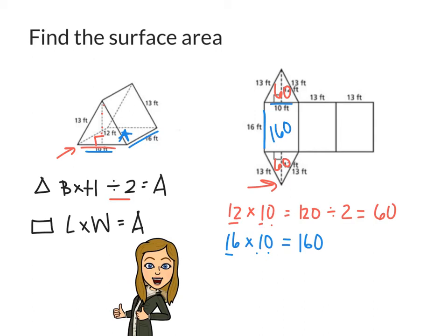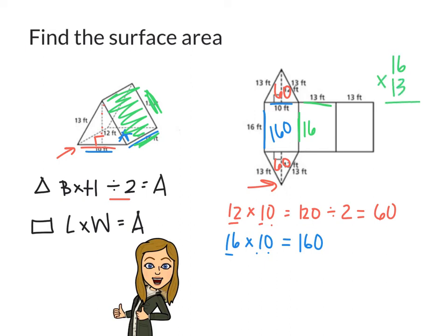Now I'm going to look at this side rectangle that's at a slant. And this rectangle is 16 by 13. Which, yep, you can see here, 16 by 13. Okay, so this one I have to do the math. I can't use my handy dandy zeros trick.